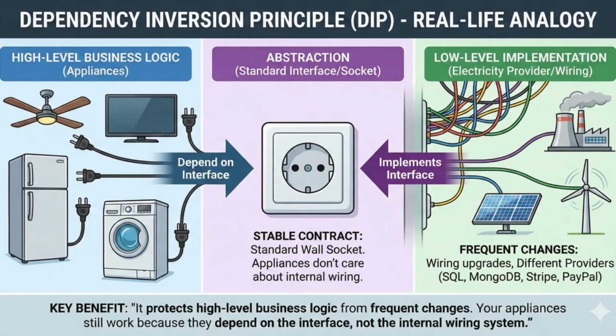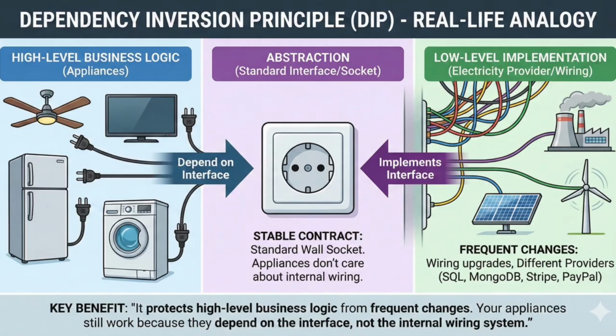Razorpay implements it, Stripe implements it, and any future payment system can also implement it. Now payment service depends only on IPaymentGateway. Tomorrow, if you want to change Razorpay to Stripe, you don't even touch payment service. You only swap the implementation. This is dependency inversion in action.